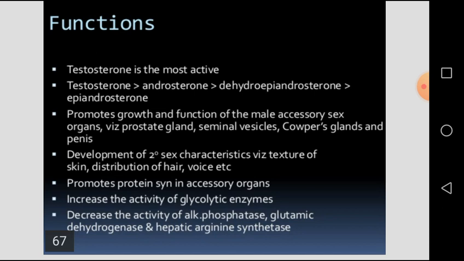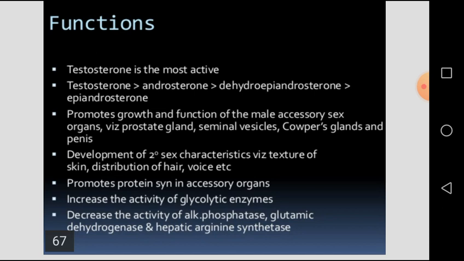It also develops secondary sex characteristics like texture of skin, distribution of hair, voice, etc. So primary sex characters and secondary sex characteristics are developed only because of testosterone.